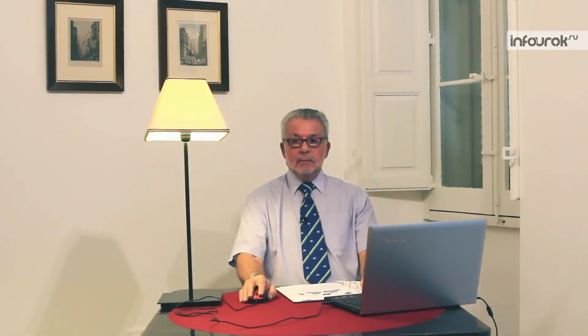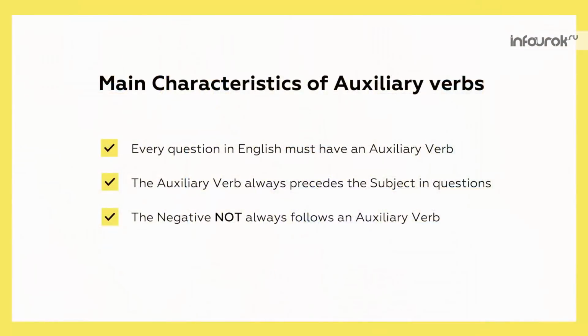Let's look at the main characteristics of auxiliary verbs. They have 3 main characteristics, which are very important to remember, and once remembered, are very easy to understand. Number 1, every question in English, this is a rule, must have an auxiliary verb. This is a general rule in English, and there are no exceptions to it.